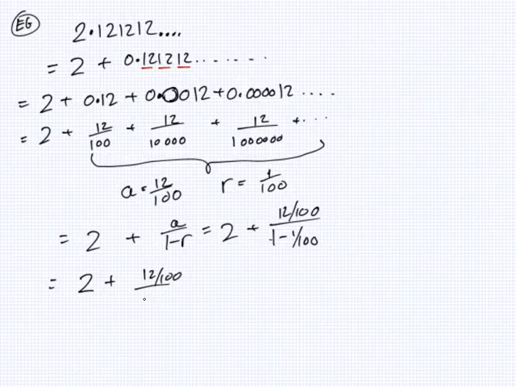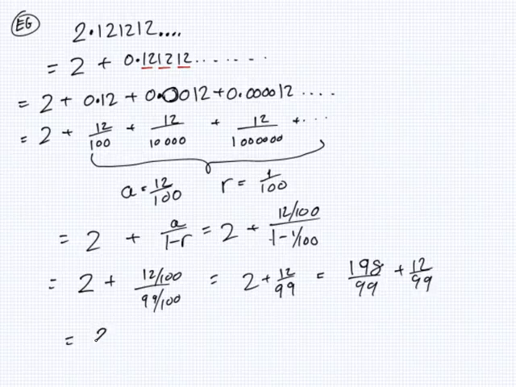12 over 100 over 99 over 100. 2 plus 12 over 99. 198 over 99 plus 12 over 99. 210 over 99.